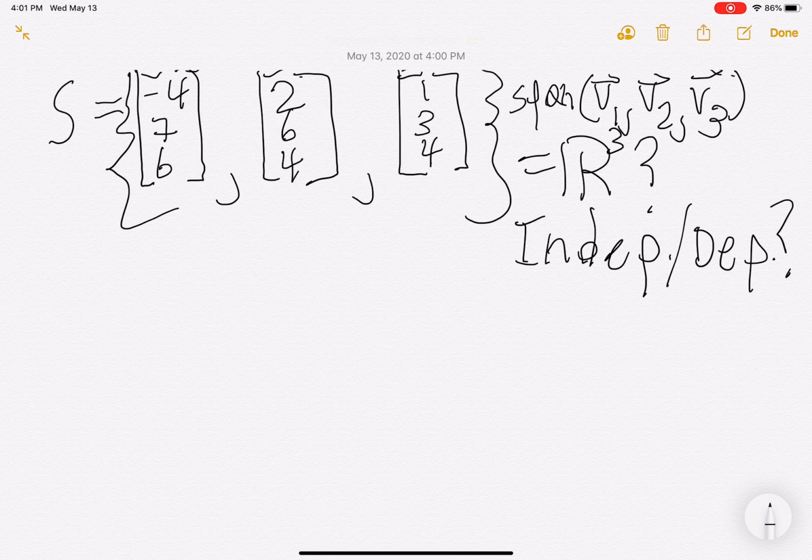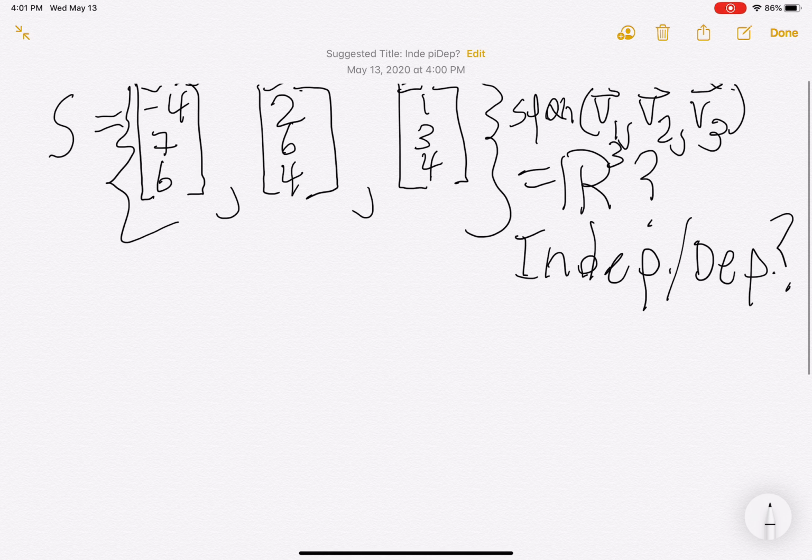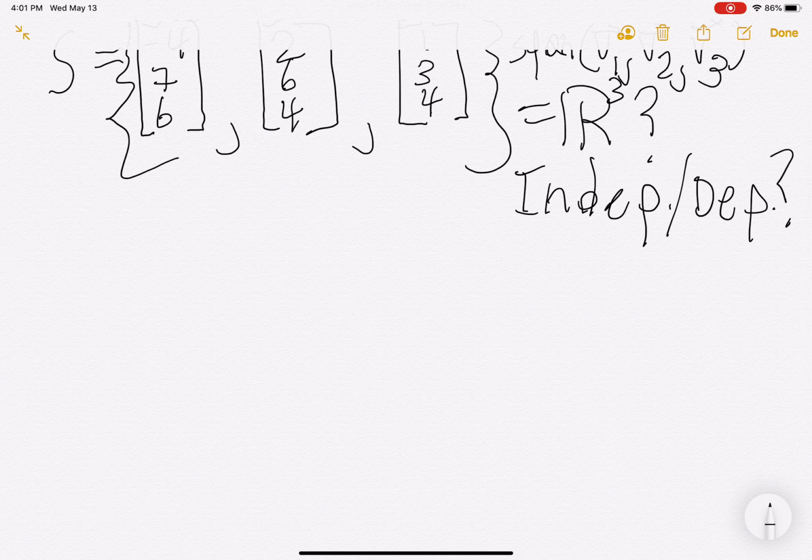So for span, it's just solving a system of equations, because what we want to do is prove or disprove that this system of 3 vectors spans R3. And the way you do that is by solving a system of 3 equations with 3 variables. In this case, we can use C1. Let me just write this out to make it look less confusing.